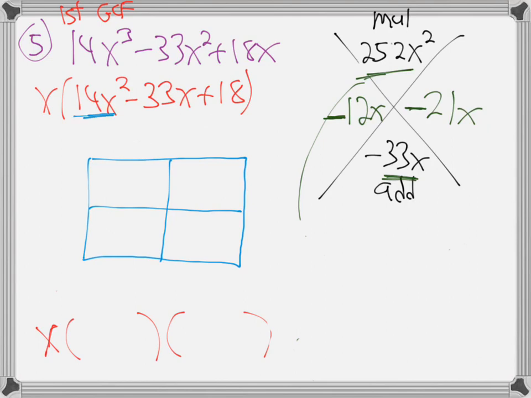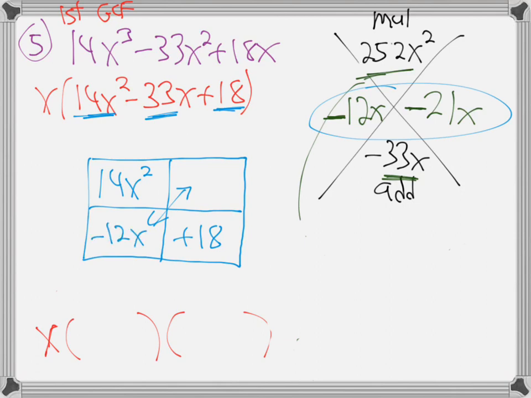So we're going to go first one in the first box, last one in the last box. And then how do we put the middle into these two boxes? The diamond. That's why we did that whole diamond thing, because that tells us how to separate the middle into two boxes. Either order doesn't matter. So I'll go minus 12x here, minus 21x there, or vice versa, doesn't matter. Remember to put the x's on them, though.